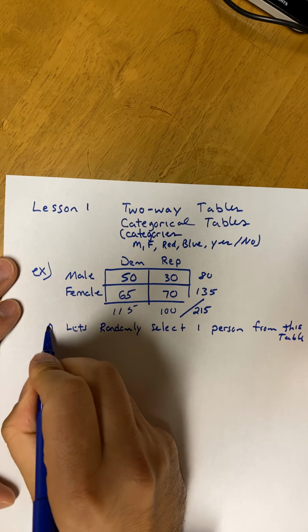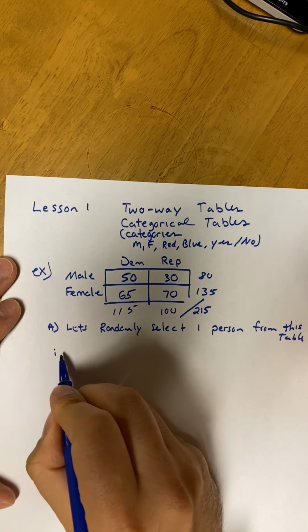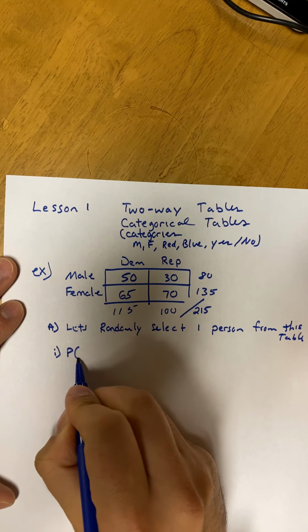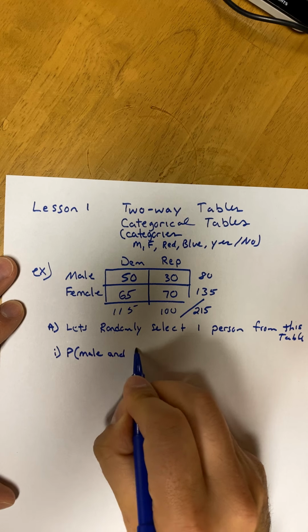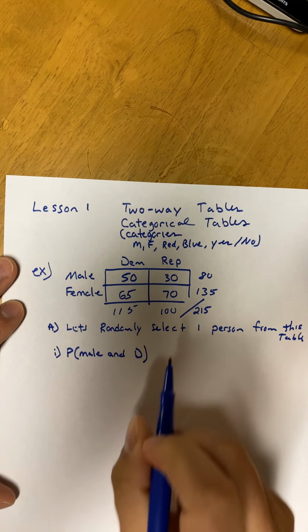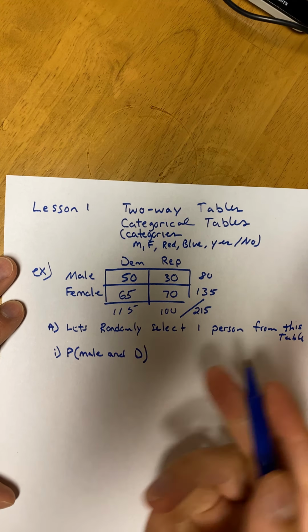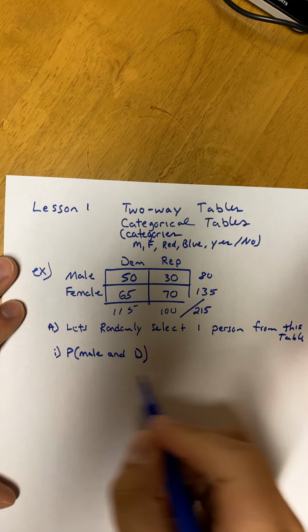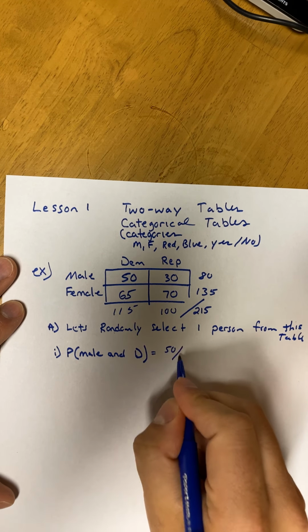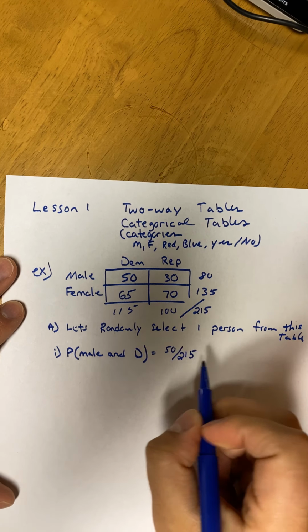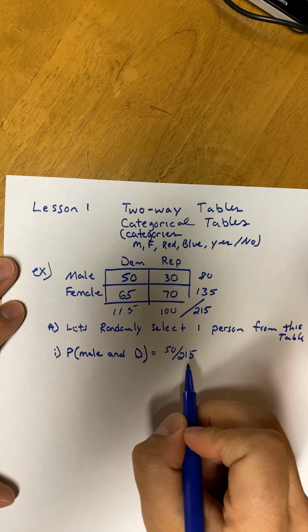All right, let's call this A. What's the probability they're male and Democrat? This is a male Democrat. That's 50 over 215. There's 50 male Dems out of 215 total.